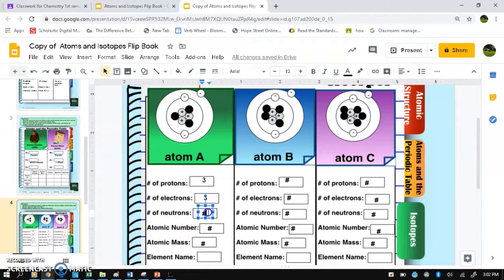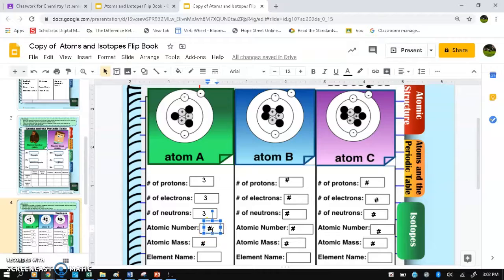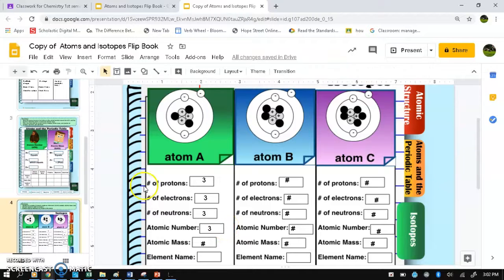Okay, so this next one is 3 neutrons. The atomic number is always the number of protons. So I'm going to say that it's 3. So I think I'm going to go ahead and hide if I can.